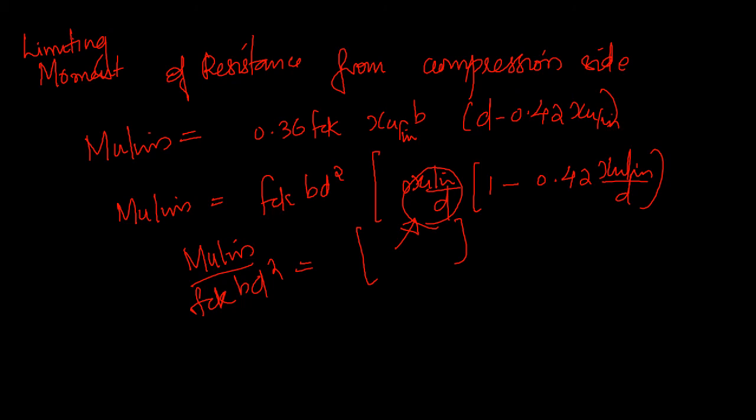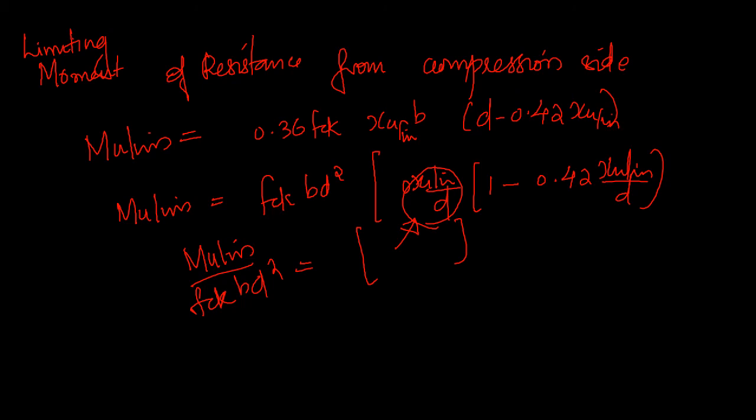Again, what do we do? Make xu the xu limit, then automatically it becomes Mu limit. Then multiplying and dividing by d, we obtain the final expression: Mu limit is equal to 0.36 fck b d square, then xu limit by d into (1 minus 0.42 xu limit by d).